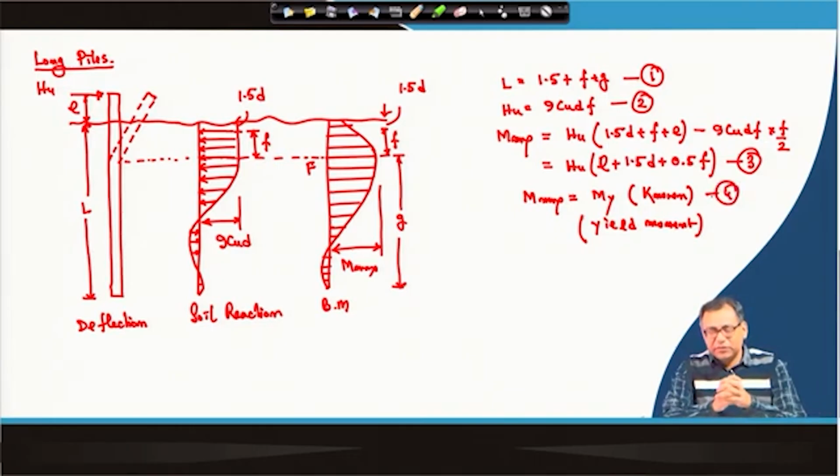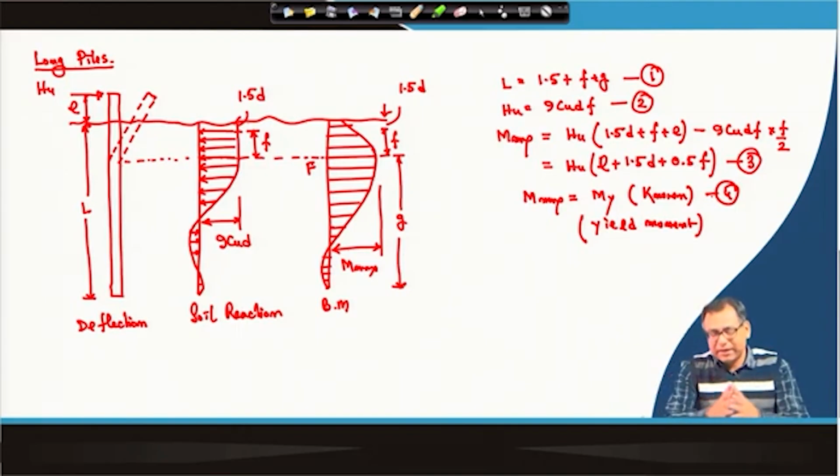So these 4 equations are here, and if the maximum moment induced in the pile is greater than the yield moment, then yielding will occur. That we do not want. So we have to restrict the maximum bending moment to be equal to the yield moment.